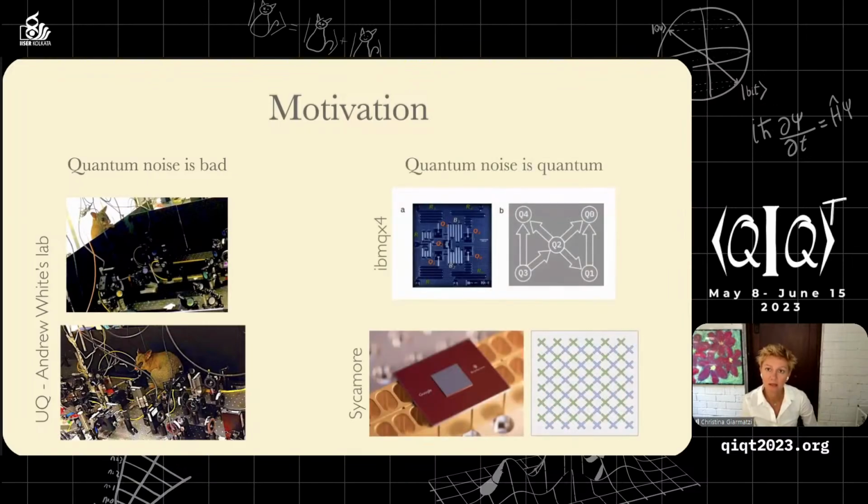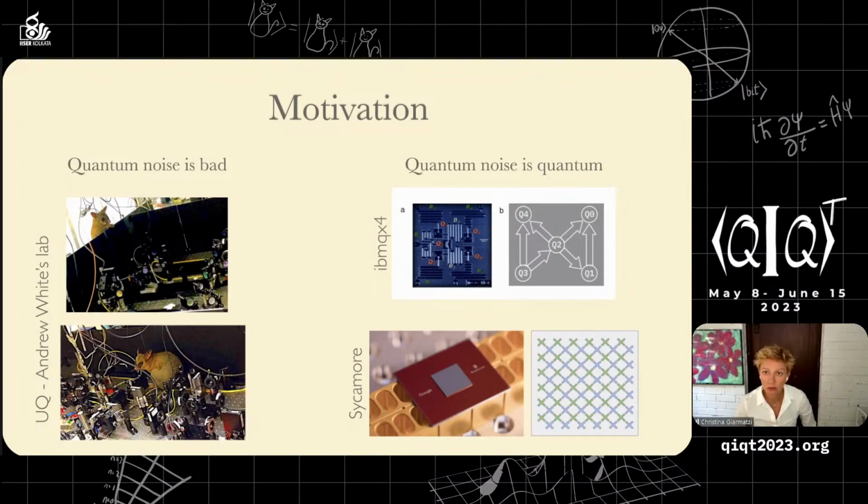Another thing is that noise in quantum systems can be of quantum nature, which means that when we have, in a superconducting chip, for example, several qubits on the chip, and if you use only 1 or 2 qubits, the other ones can act as an environment for the system.